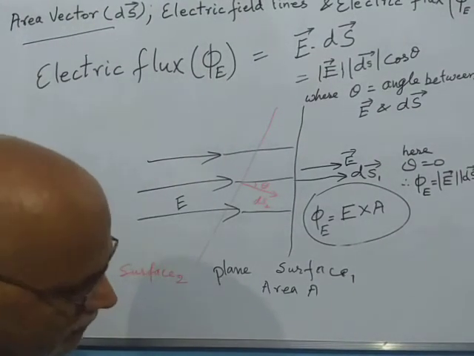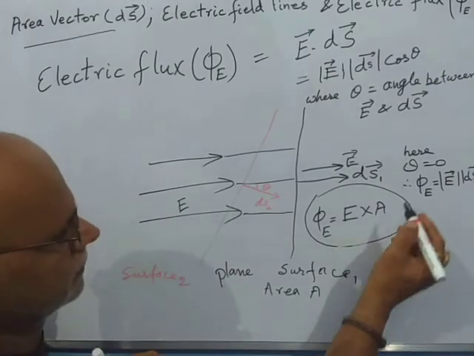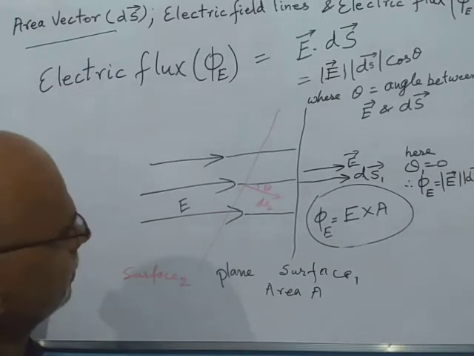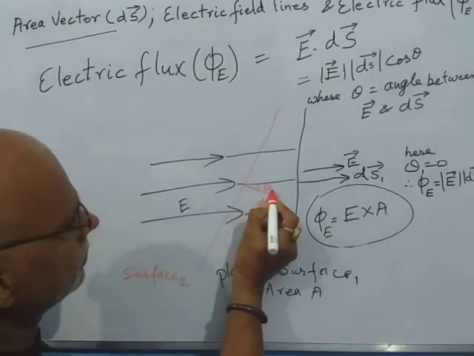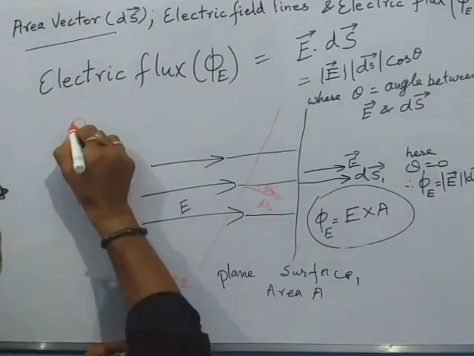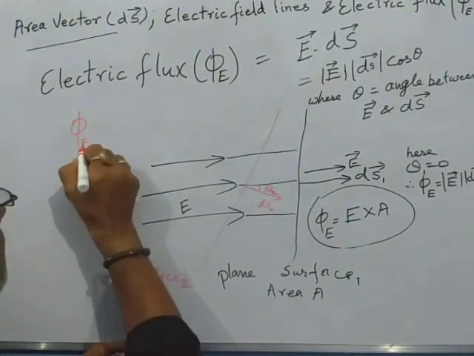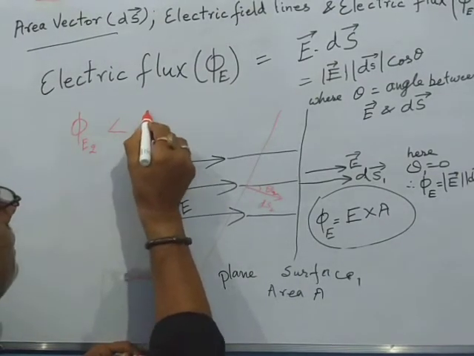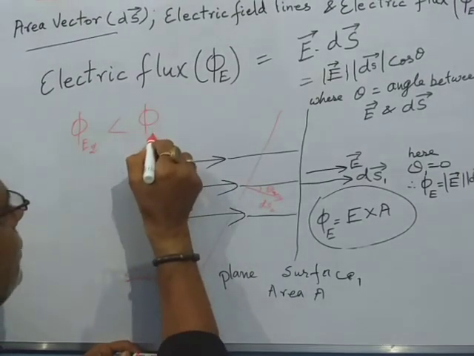If we call the angles theta 1 and theta 2, then it is very clear that the electric flux in the second case is less than the electric flux in the first case.